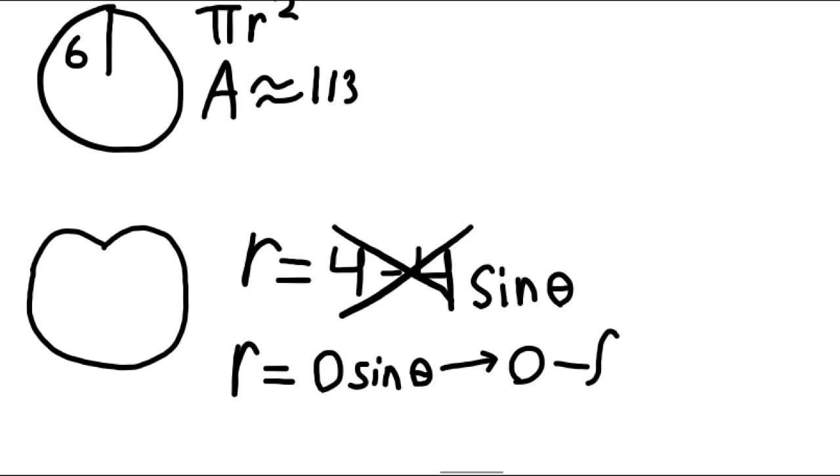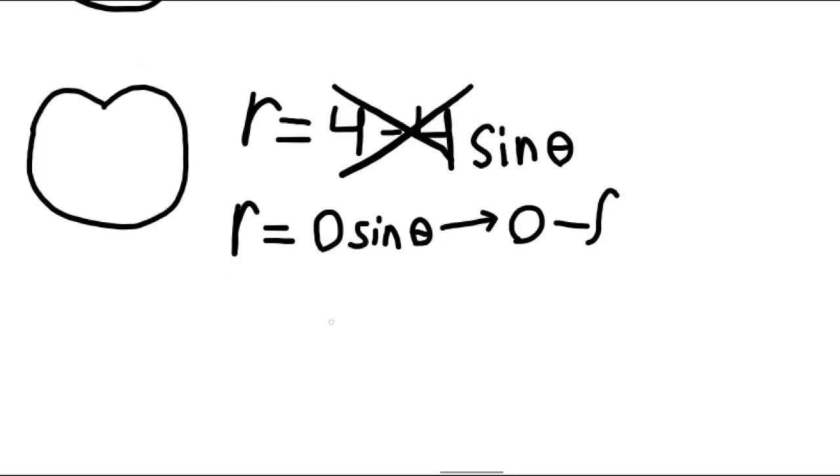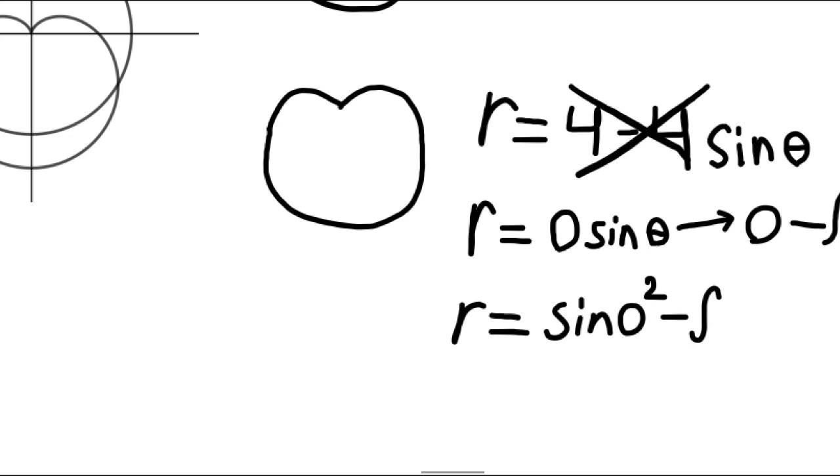We get 0 minus integral. So let's rewrite this. r is equal to 0 sine, and then theta is just 0 minus integral. We can combine these two zeros, so we get sine of 0 squared minus integral. So now we got that value.